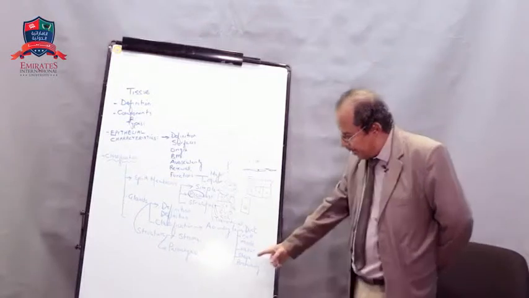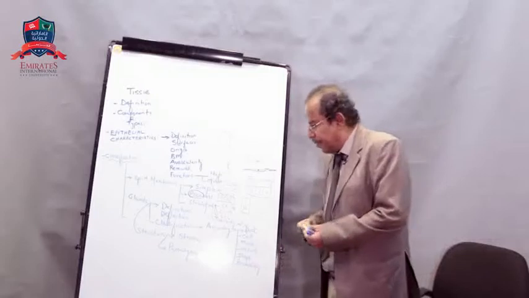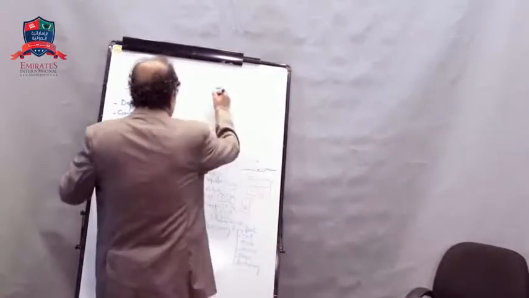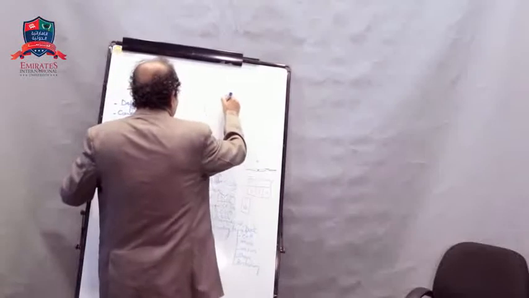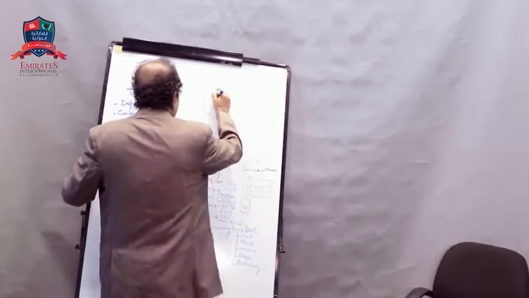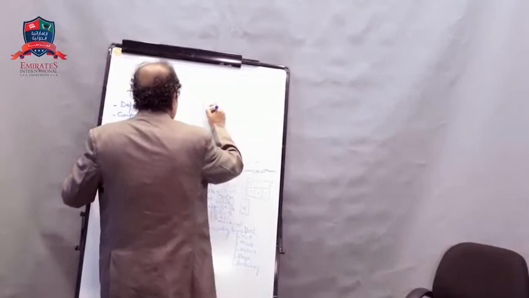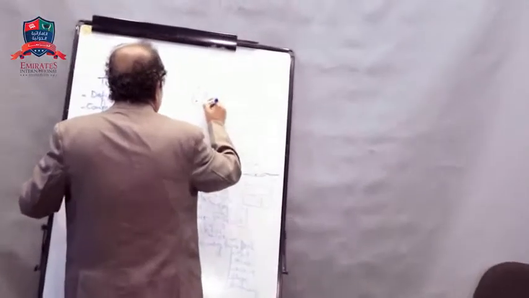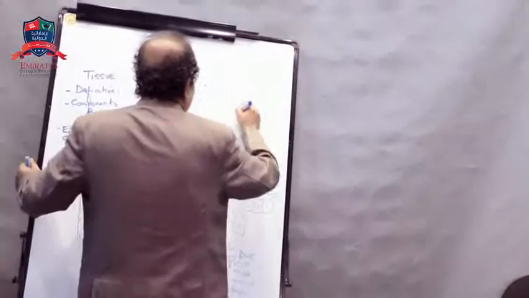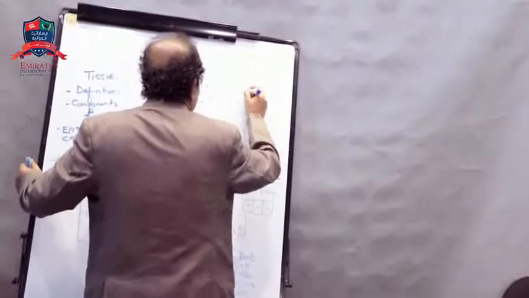Then we come to the shape of the secretory unit. For example, you have got the serous. This is an example of a serous, and this is an example of a mucus secretory unit.